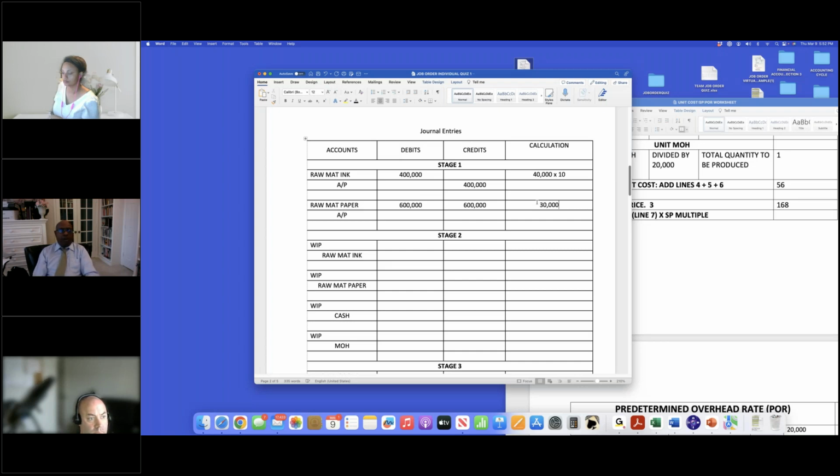Now we just bought enough ink and paper, so when we get ready to do these journal entries, we simply bring this information down. Is the accounts payable supposed to be credit? Yes. Because we're using all of it, we bought just enough, we're going to transfer it all in.